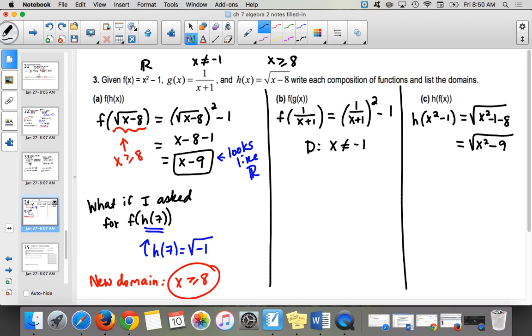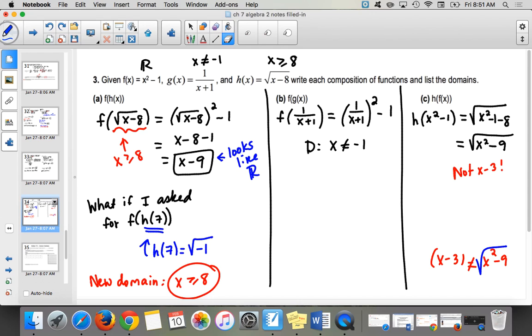Which does not simplify down to x minus 3. The reason is because, do you guys remember what we just talked about, how the Sycamore teacher made her students pay money when we said that this was that? So going backwards, can you take the square root of this and get x minus 3? No, they're not equal to each other. So it's not x minus 3.